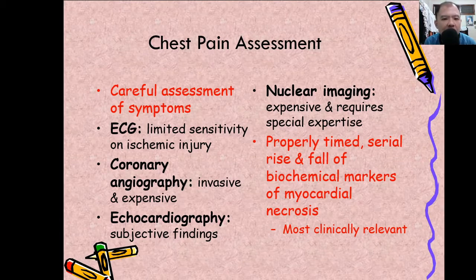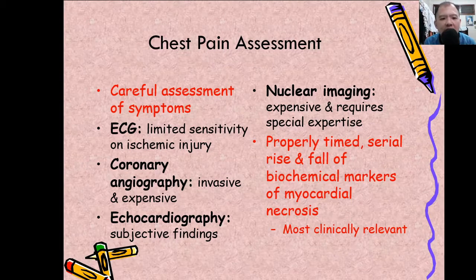Here I flashed some of the modalities that are used to assess chest pain. We have the ECG, coronary angiography, echocardiography, and nuclear imaging. However, these modalities, although sophisticated compared to our usual history and PE, cannot take the place of the right and proper history taking and PE.